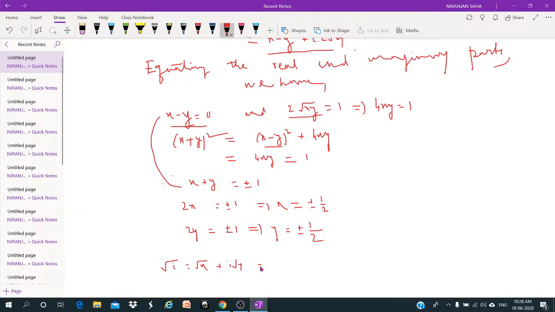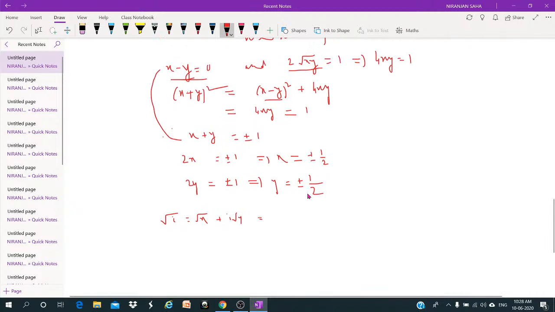If we put these values here, we will get plus minus 1 by root 2 plus minus again iota 1 by root 2.